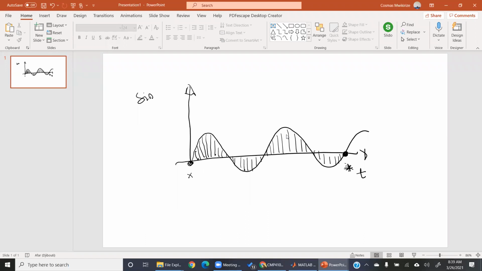Now, I don't know if you guys know anything about sampling, but you know that the more samples you have, the better for you. If, for example, I had just this sample and that sample, it means I would only be able to reconstruct my sine wave like that, and then it would end up looking triangular.